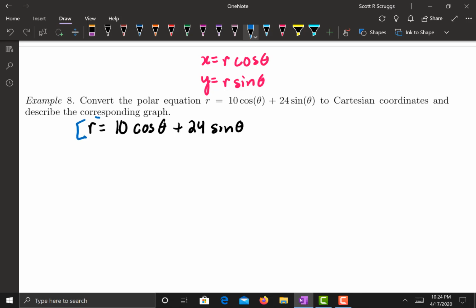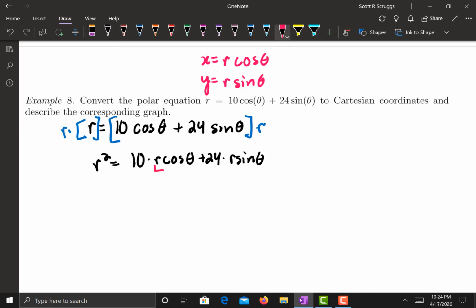So that means I'm going to multiply r to both sides of that equation, giving me r squared equals 10 times r cosine of theta plus 24 times r sine of theta. And that is x by my parametric equation, and that is y by my parametric equation.